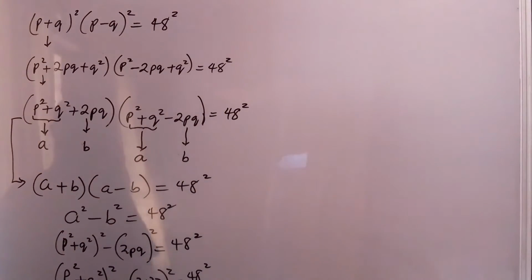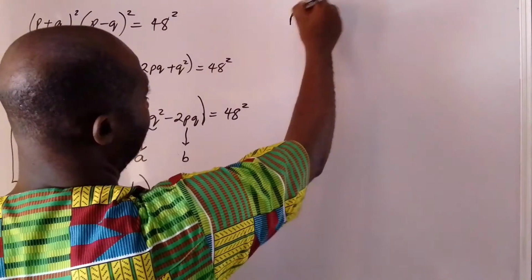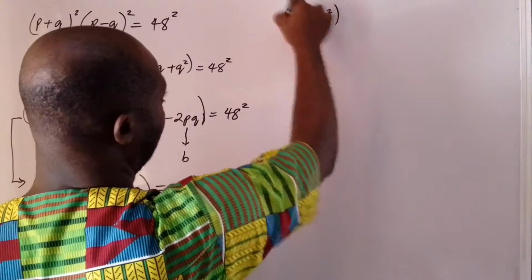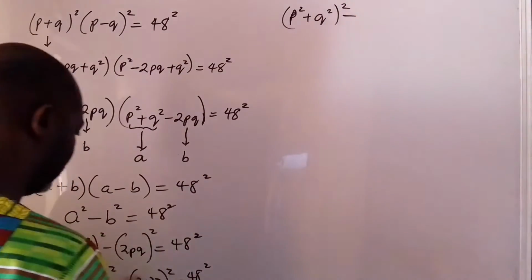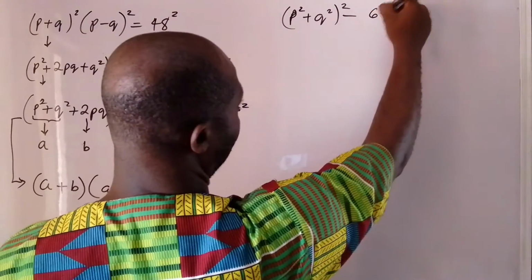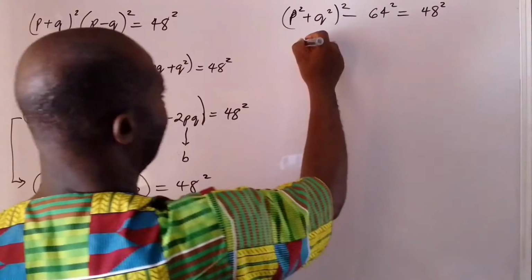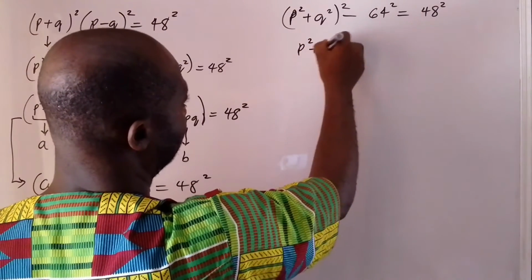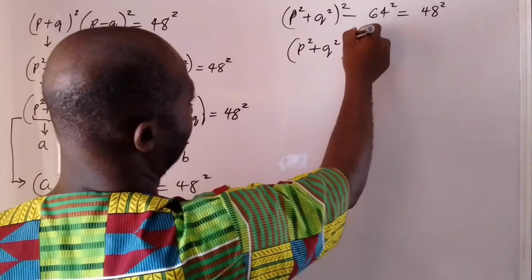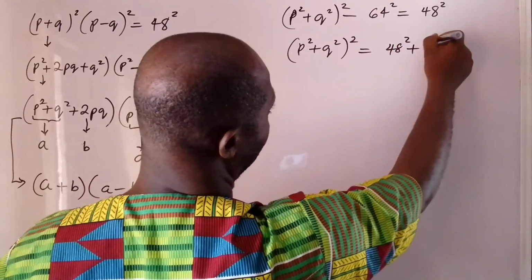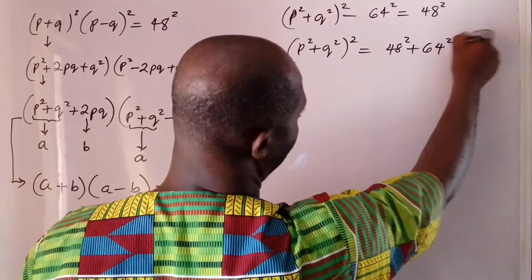From here, 2 times 32 is 64. So I have p squared plus q squared all squared minus 64 squared equal to 48 squared. So p squared plus q squared all squared equals 48 squared plus 64 squared.